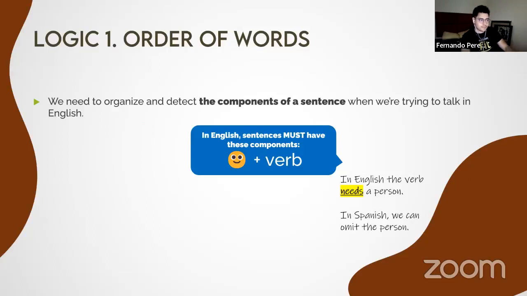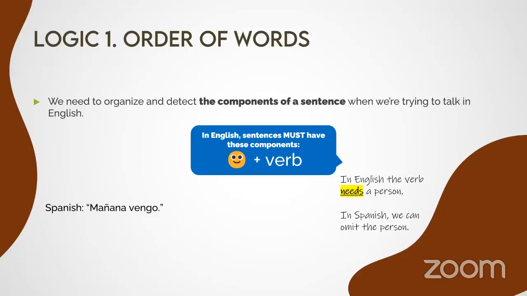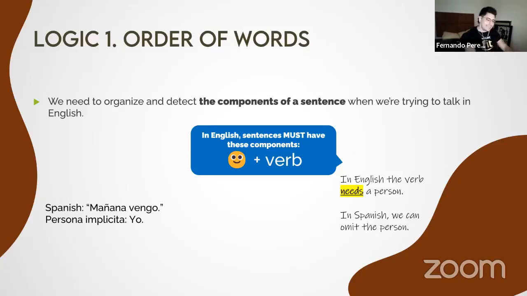Example: Mañana vengo. Who is the person in this case? Yo. Exactly. So when you think in English, it's incorrect to say come tomorrow.